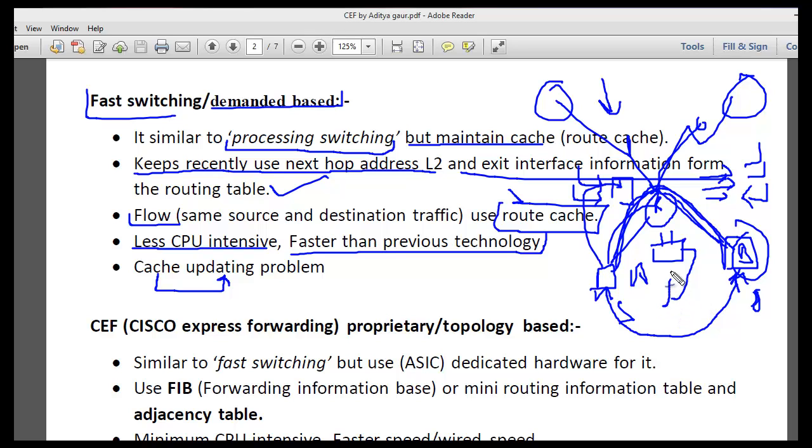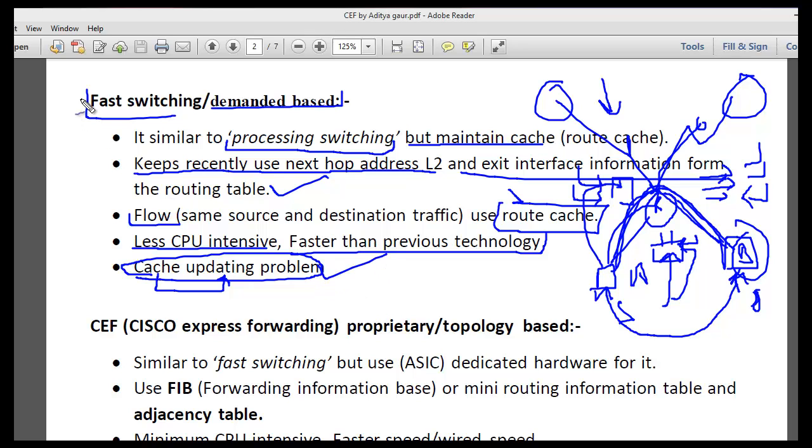Now the cache needs to be updated since it stores wrong information, meaning it has not converged, because you changed the port of the device. So this is a little bit of a problem, not a big deal, but yes, there was.